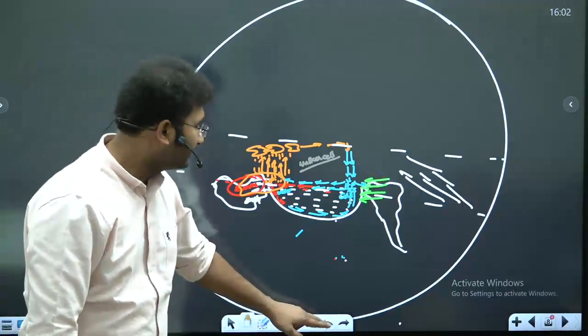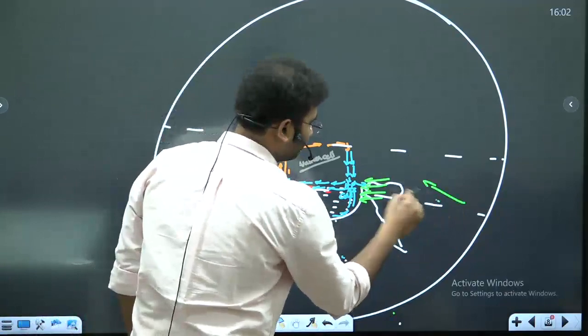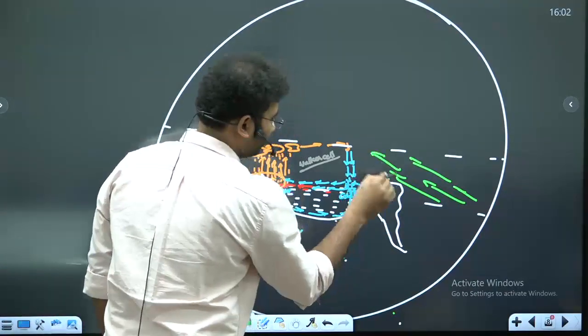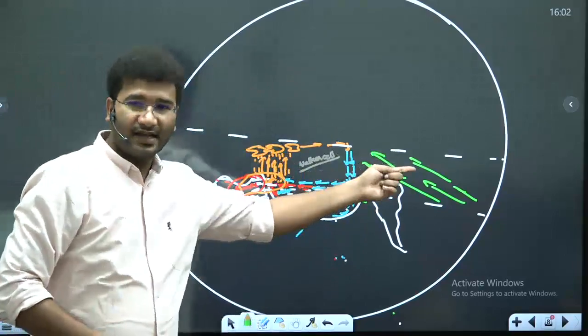In other words, got it? That means ये Walker cell है, ये Hadley cell है.